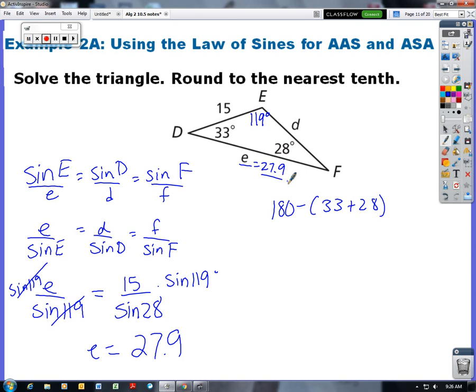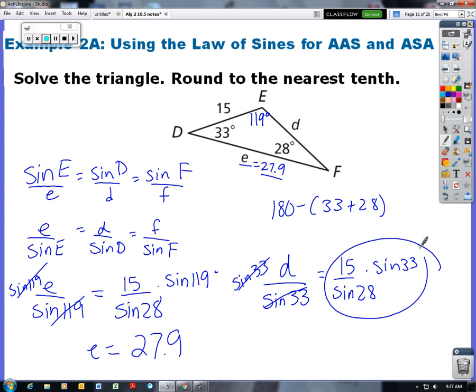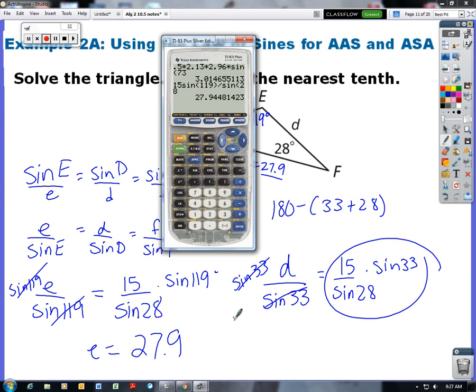Then we'll do the same thing to find D. D's my unknown, so I want it to be in the numerator. That's going to be D over sine of 33 equals 15 over sine of 28. So I need to multiply both sides by sine of 33. Again, please do your setup first, then just put all of this into your calculator. 15 sine of 33, whoops, I lost the 3, didn't I?